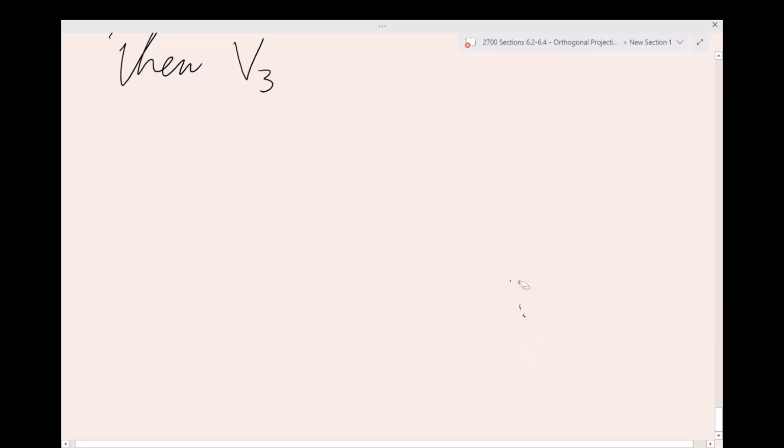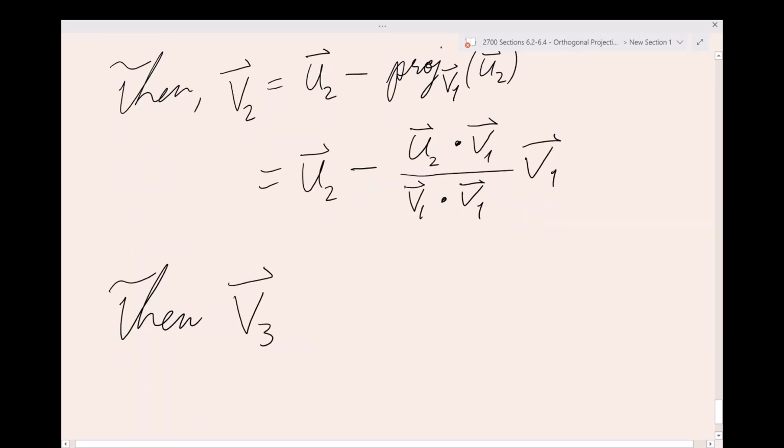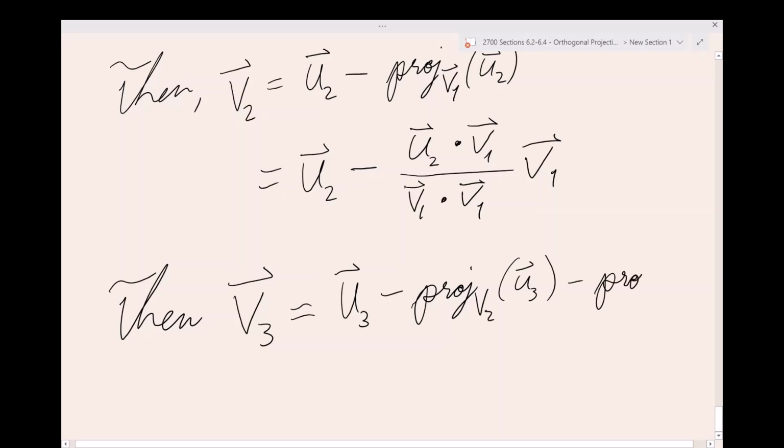And so, okay, what's that going to look like notationally? Well, I'm going to take v3 is going to be my old third basis vector minus its projection onto, let's say, v2, also minus its projection onto v1.